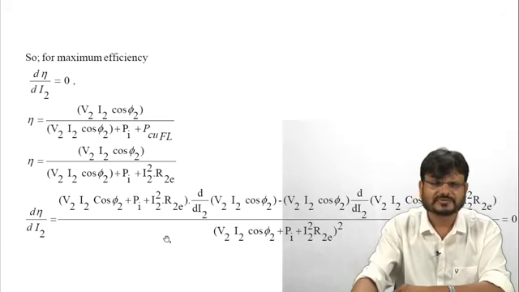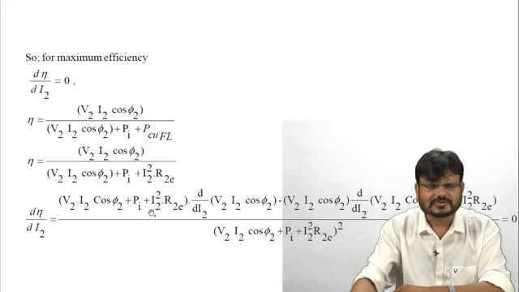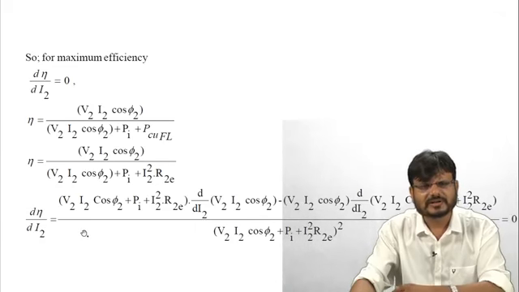Just differentiate it. You write this quantity, that is V2 I2 cos phi 2 plus Pi plus I2 square R2e, times the differentiation of the numerator, minus the numerator multiplied by the differentiation of the denominator. So what will be the output?